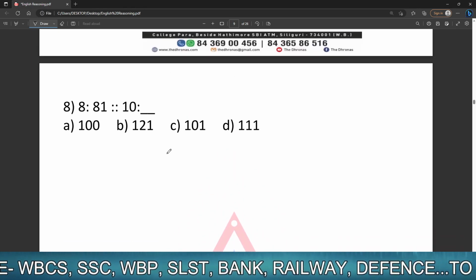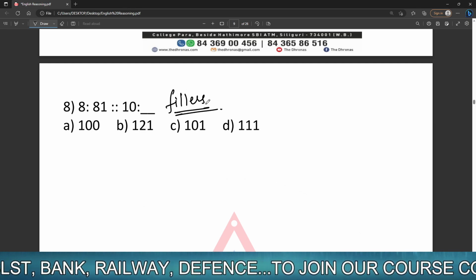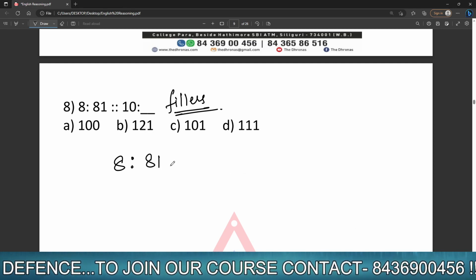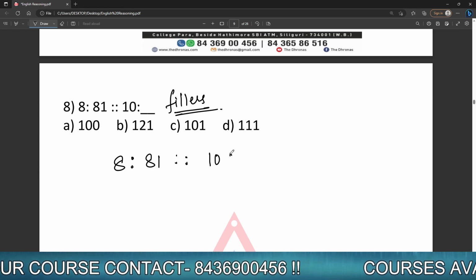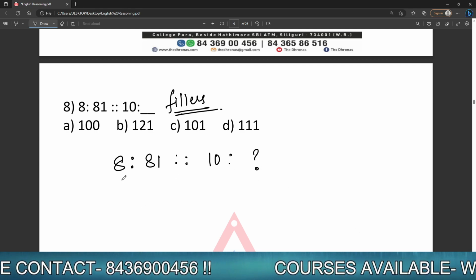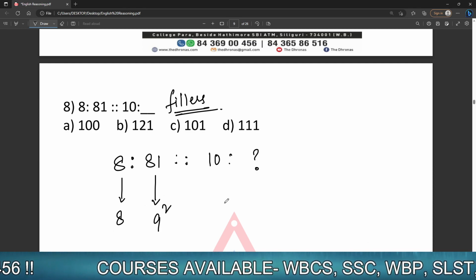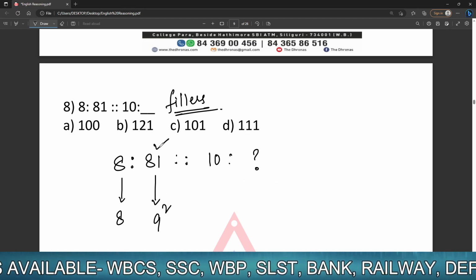Next question is about fillers. What does the question state? 8, 81, 10, question mark. We can see 8 and 81 is 9 square, 9 into 9, 81.